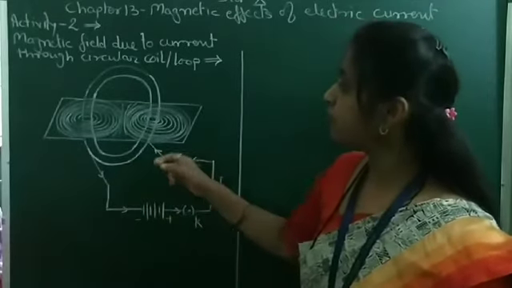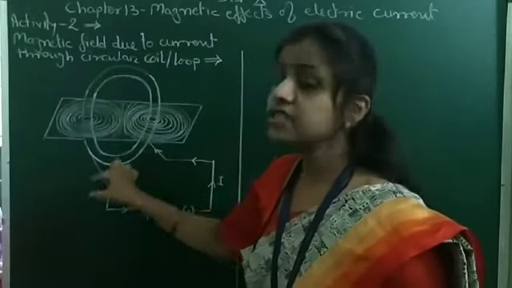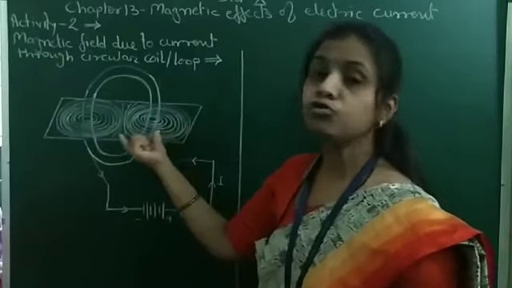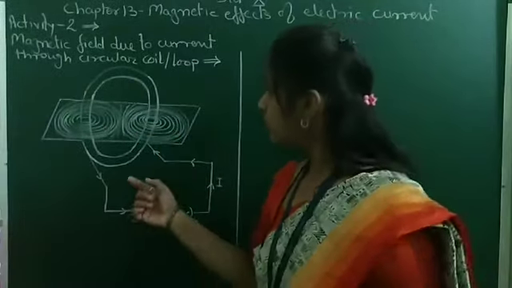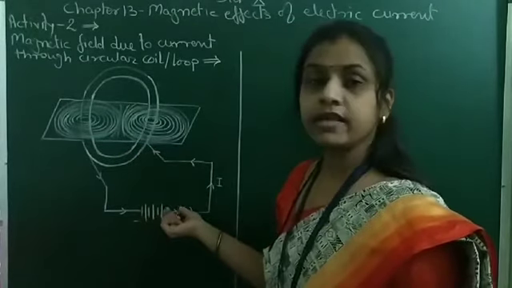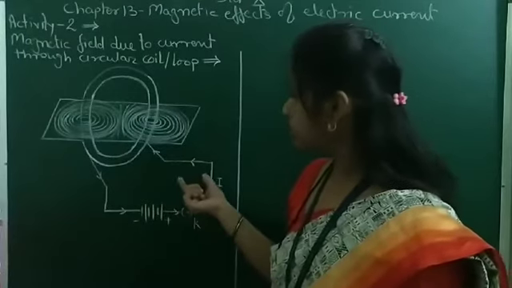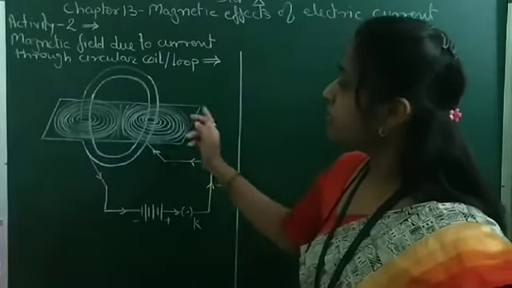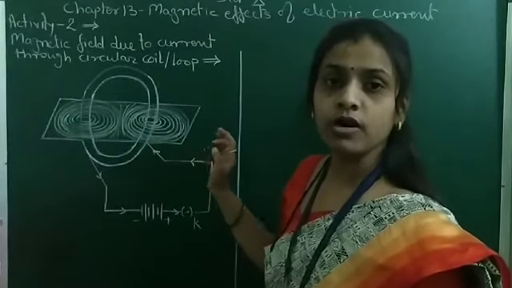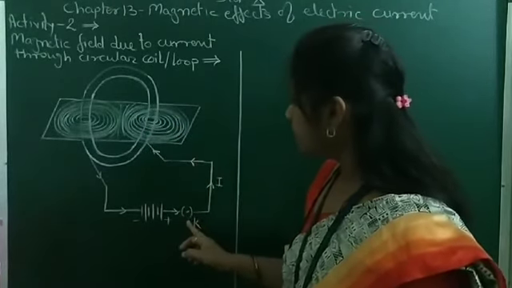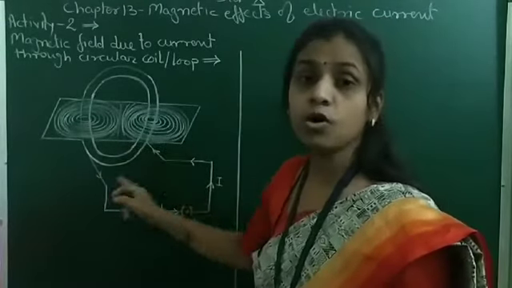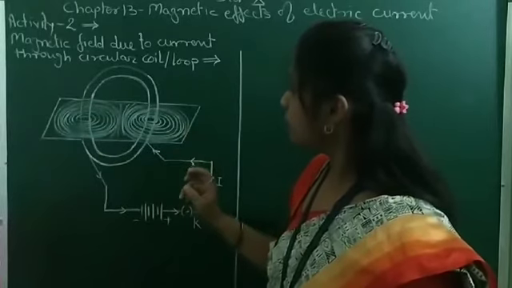First we take a coil having a large number of turns and insert it through a cardboard having 2 holes. Then connect the 2 ends of the coil to the battery, key, rheostat and ammeter. Now sprinkle some iron dust or iron filings on the cardboard evenly, and switch on the key, so that current flows through the coil.